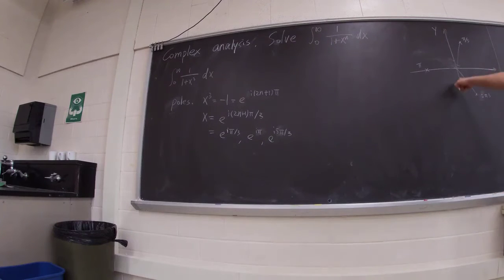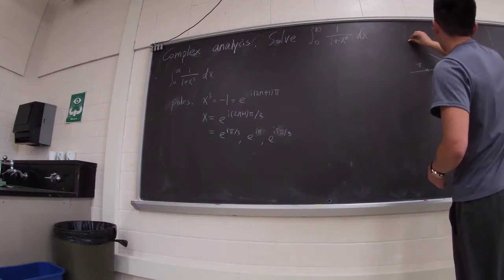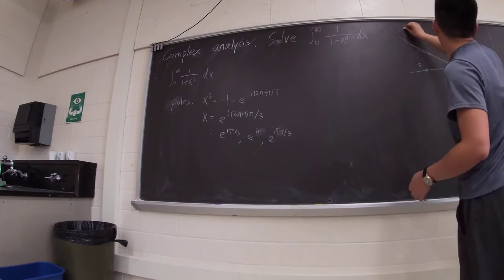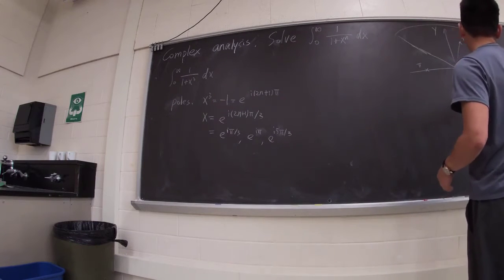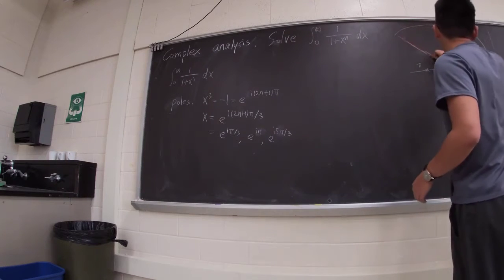And as you can find, there's a pole on the real axis. Big problem, because we don't want to deal with that. Generally, we can just choose this contour, in a different color.